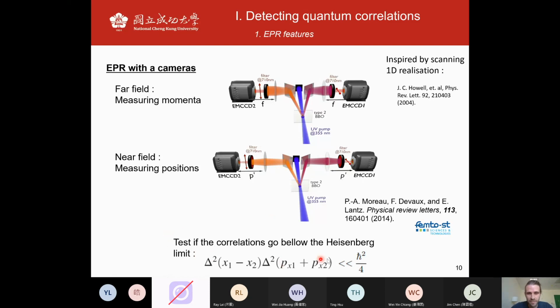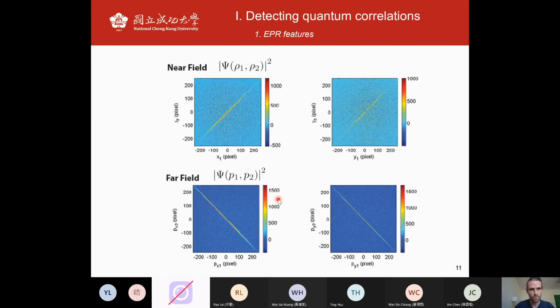Thanks. So I was saying, we want to use this criterion. We just want to use these images to evaluate those variances in these images to evaluate this criterion. What we have here is the conditional probability distribution of those correlations in both the near field and the far field.